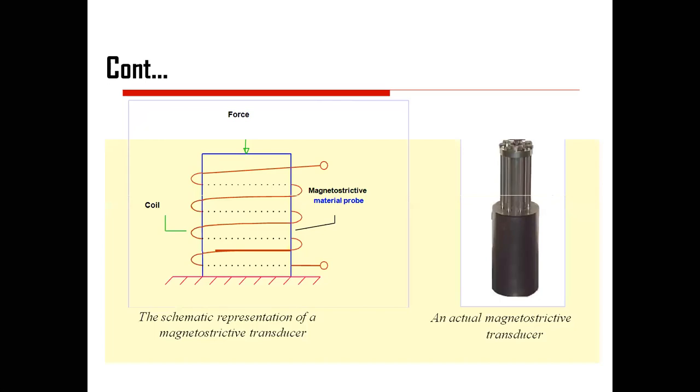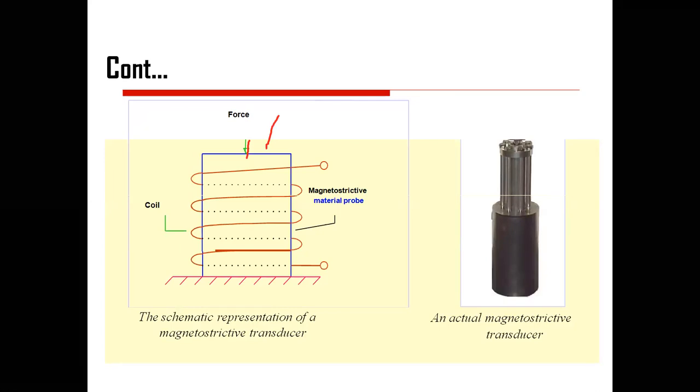If you try to observe this particular aspect, here is the magnetostrictive material or the probe. Here we are applying a force. This is the coil. And as you have already seen in the LVDT, if there is a motion, its magnetic flux is going to change.